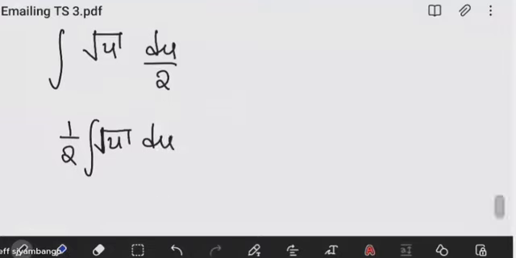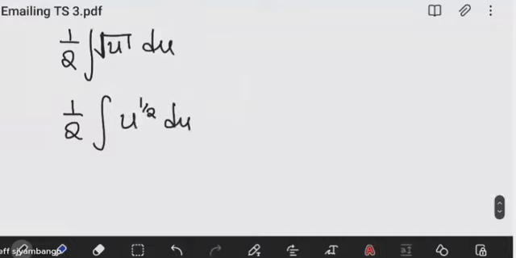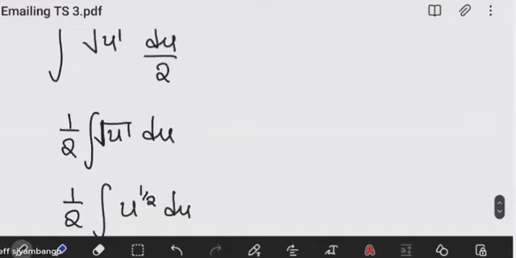Now this is basic. To integrate this, I'll first express the root as a power half.